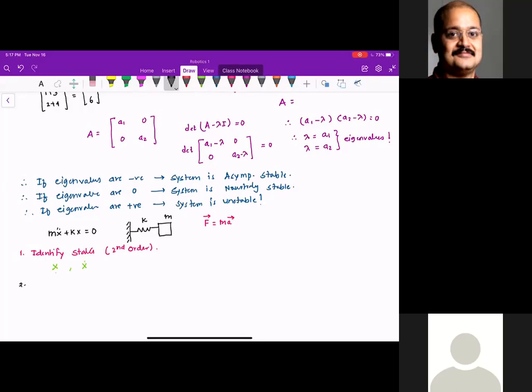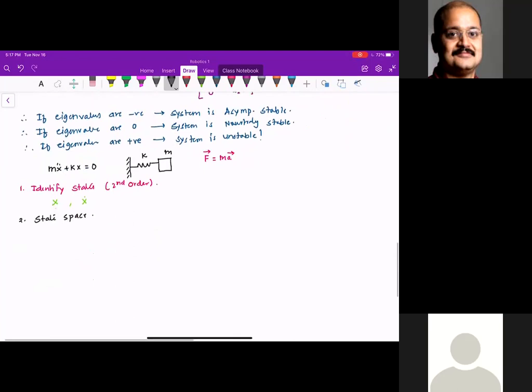You have to write down the equation in state space. We have done this when we used Euler-Lagrange, but I just want to show you what is to be done. You will write d by dt of x and d by dt of x dot. Please note, you have the x state here, the second state over here. d by dt of x is x dot.